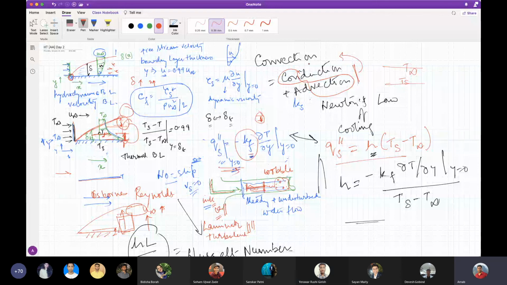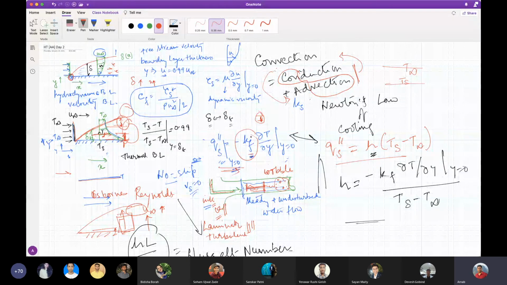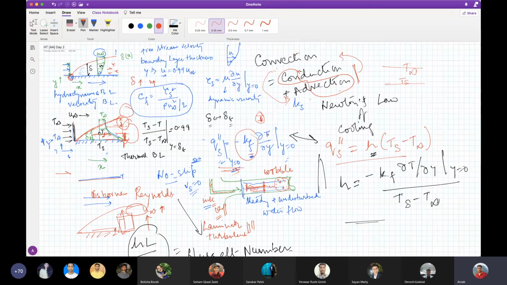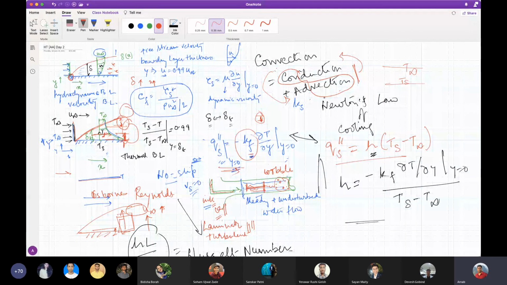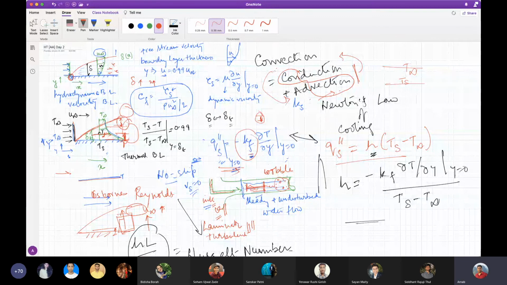Yes, sir. So in order to have convection, you have to have bulk movement of the fluid, which is called advection. Bulk motion of the fluid we call advection, and the diffusion or the dispersion is accounted for by conduction.